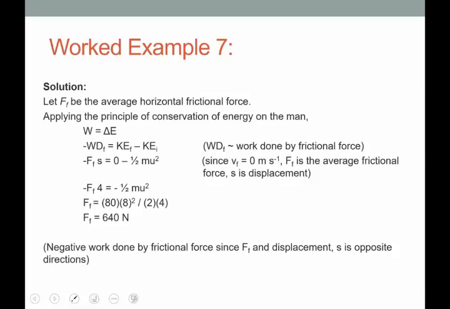Work done by friction is negative, equal to the final KE minus the initial KE, recalling that the change in energy is always the final minus the initial. There is no GPE here because all the action takes place at the same level.